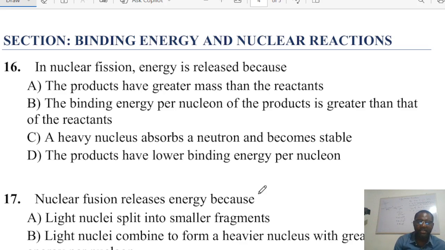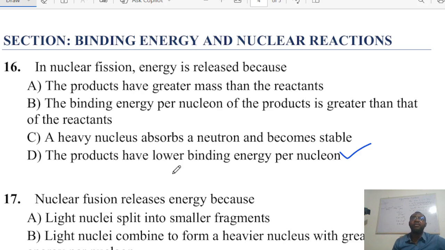The binding energy per nucleon of the product is greater than that of the reactant, and a heavy nucleus absorbs a nucleon and becomes stable. The products have lower binding energy per nucleon. Now, for energy to be released, it simply means that the binding energy of the reactant is greater than that of the product. That's what it means for energy to be released. So the answer to this question is D, because the products have lower binding energy.